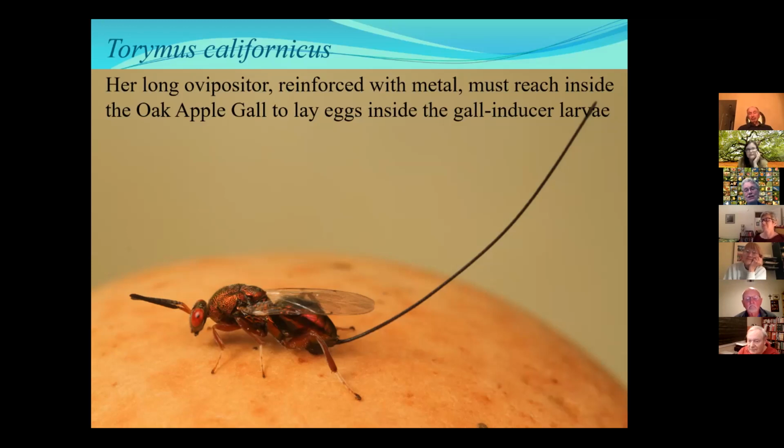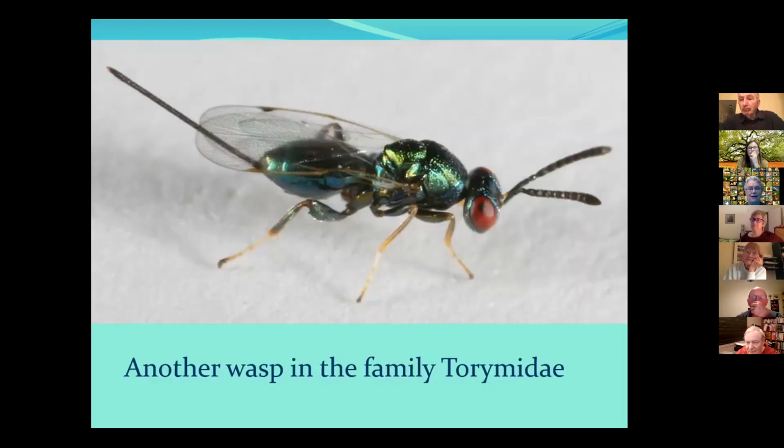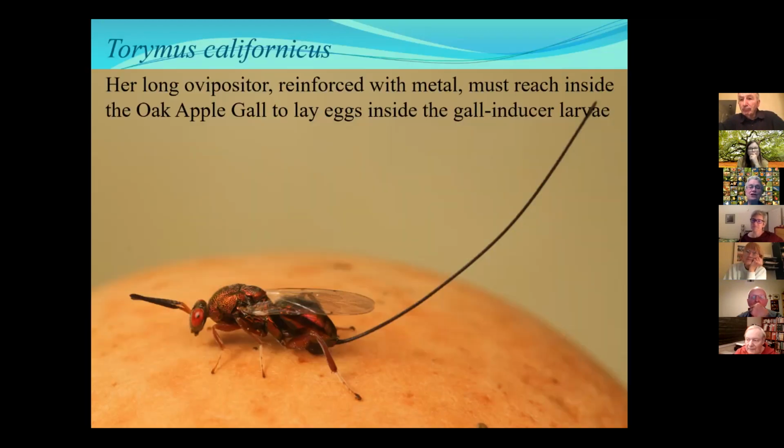And that's why she has such a long ovipositor sheath, because it has to be brought all the way down, that drill bit. And it's actually reinforced with metals, especially zinc. So metallic reinforcement, which she's sequestered from plant food that she's eaten. Okay, by the way, she's a coppery red, but her mate, the male, is a metallic green.